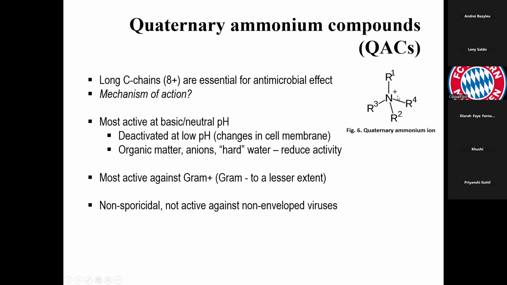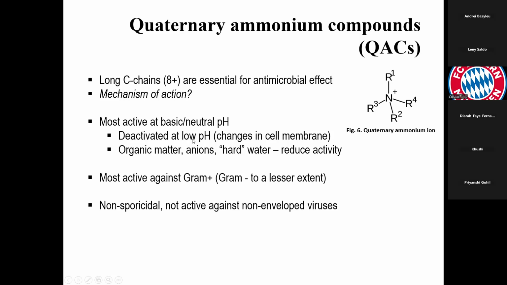So the positively charged nitrogen, when it attaches to the cell membrane, will attach to negatively charged docking sites, because positive obviously requires negative for attachment, right? So this one is positive, the site on the cell membrane is negatively charged.